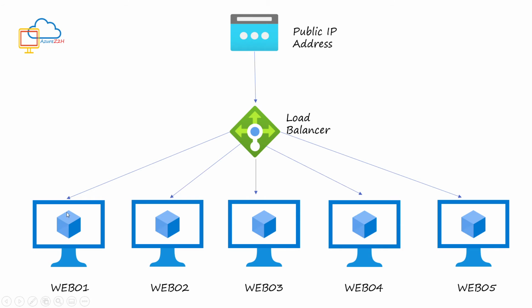It will keep probing web01 for port 443, it will keep checking if 443 is responding or not, and if that port is unresponsive, if load balancer doesn't get any reply from web01 on port 443, it will just remove that web01 from the load balancing solution.